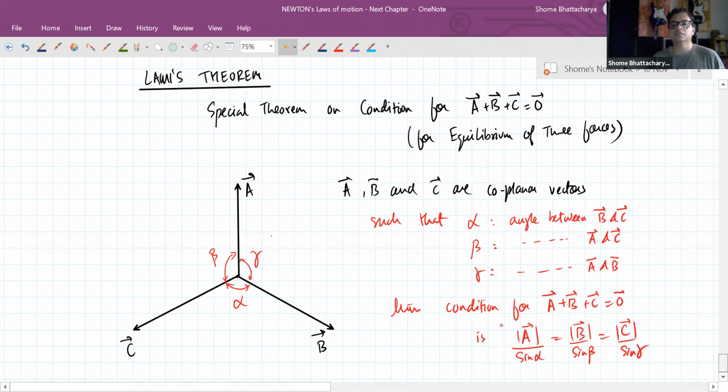So this becomes like a shortcut method of solving this type of question. So this is called the statement of Lami's theorem, which is a condition for this. Okay. The statement is a necessary condition for the resultant of the three vectors to be zero.